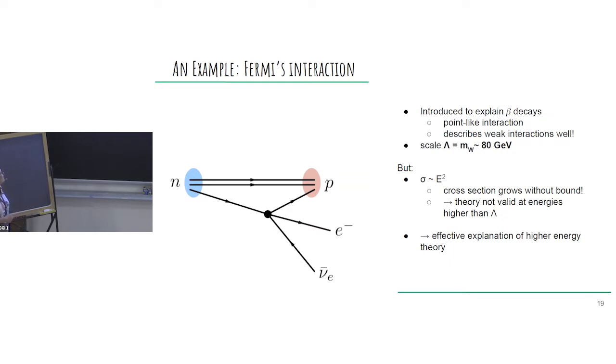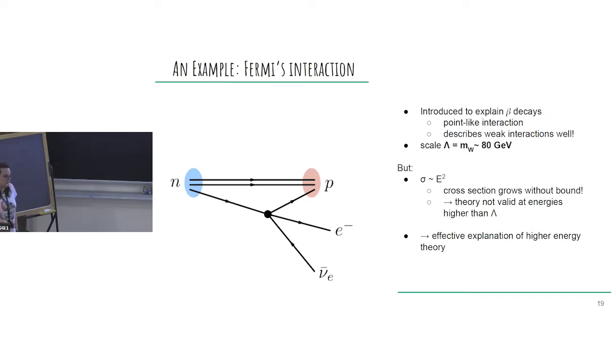So it's a point-like interaction where we say the neutron interacts with the proton and then emits an electron and a neutrino. But the thing is, the cross-section of this process was then growing as the square of the energy, and of course then it cannot be valid at higher energies.